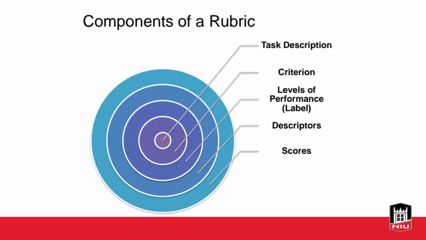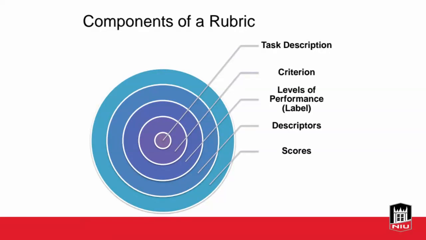There are levels of performance. So we want to provide at least 2 levels of performance, but preferably more. We want to give ourselves some flexibility, and we also want to provide students with a little bit more information about their performance than we can get with just 2 levels of performance. So generally 3 to 5 is a good number to have.